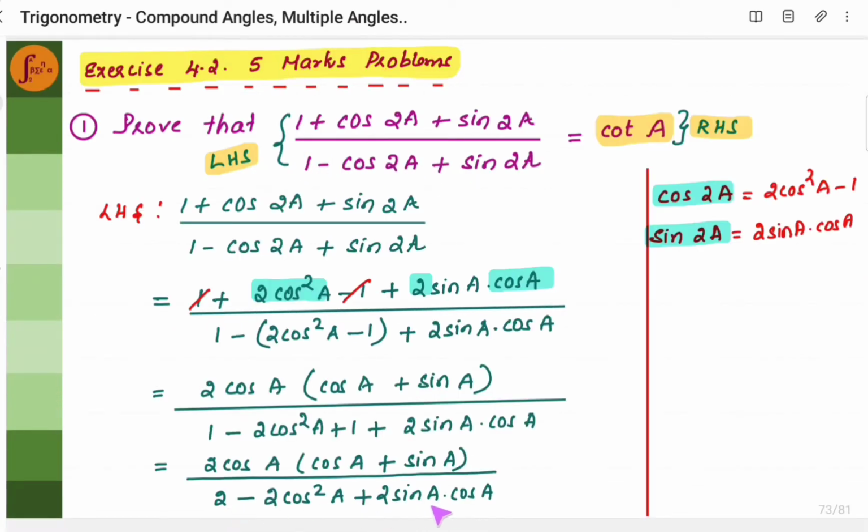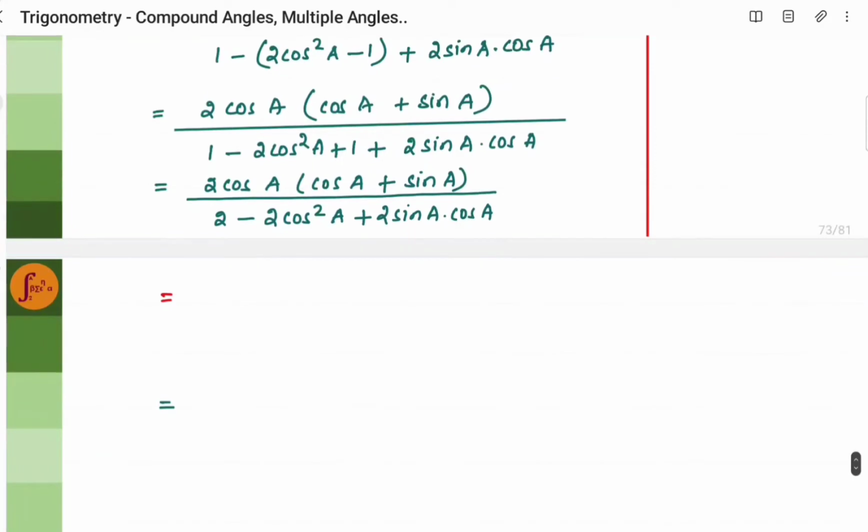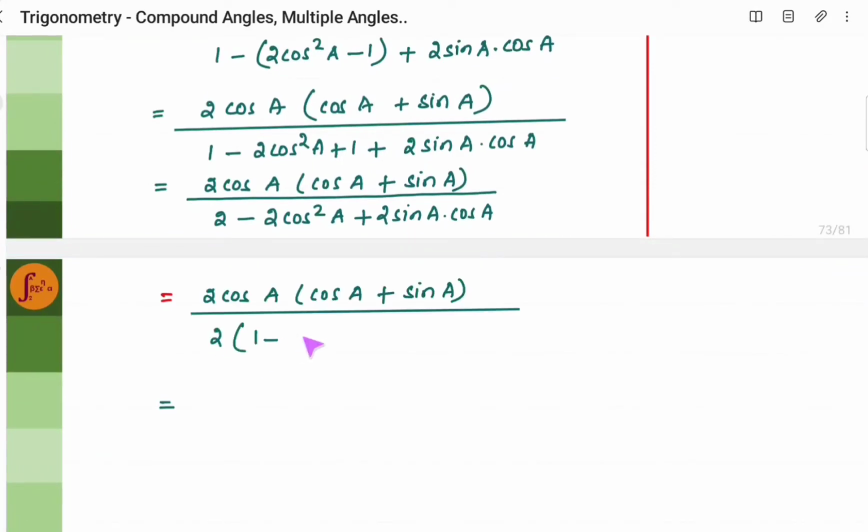Let's take 2 as common. In the denominator, if we take 2 as common, we'll get 1 minus cos square a plus sin a into cos a. We can cancel this 2 and this 2. Now what do we do with 1? We can write 1 as cos square a plus sin square a, since cos square a plus sin square a is equal to 1.